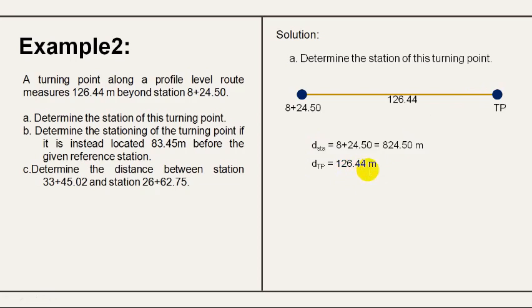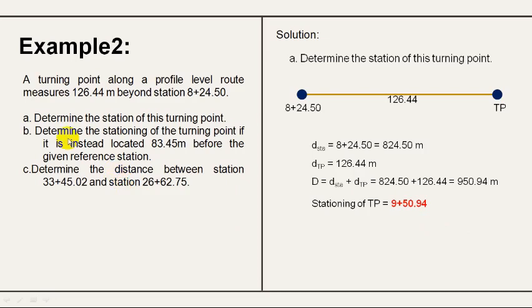And that will give us an answer of 950.94. And since a station is what is asked, this 950.94 can also be written as 9 plus 50.94. There is no need to write the units. Okay, so that is the answer for letter A.